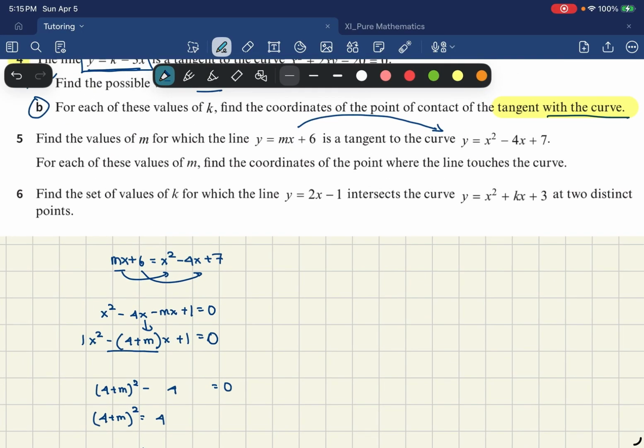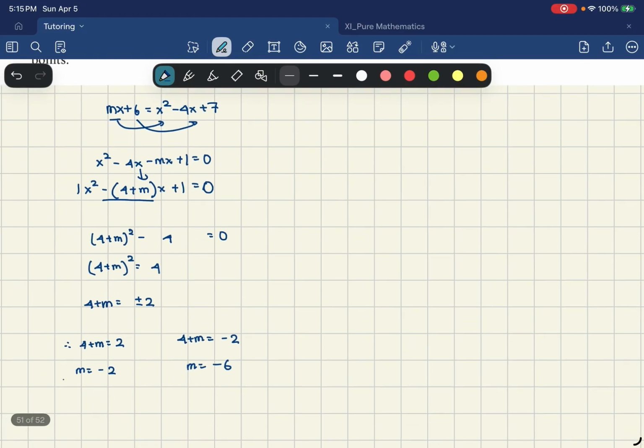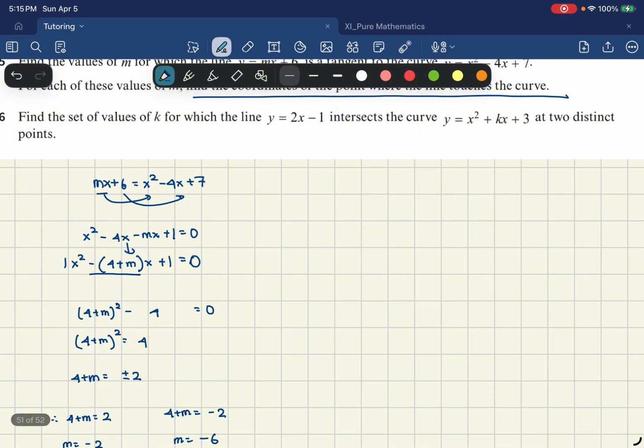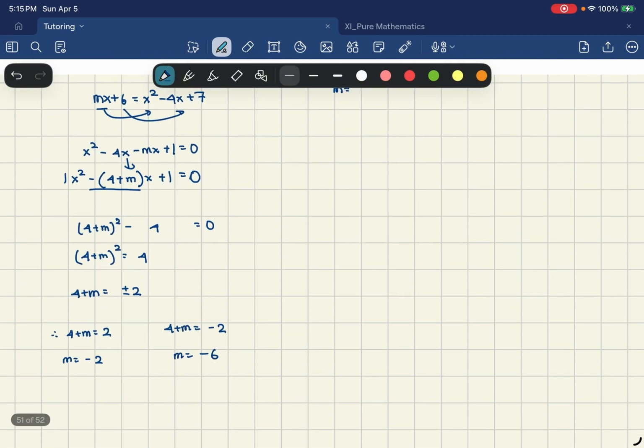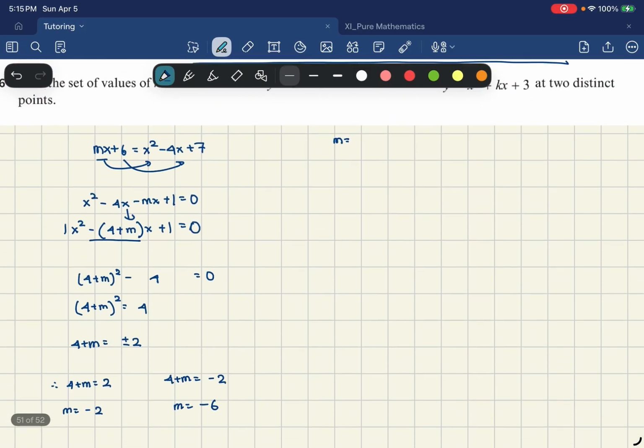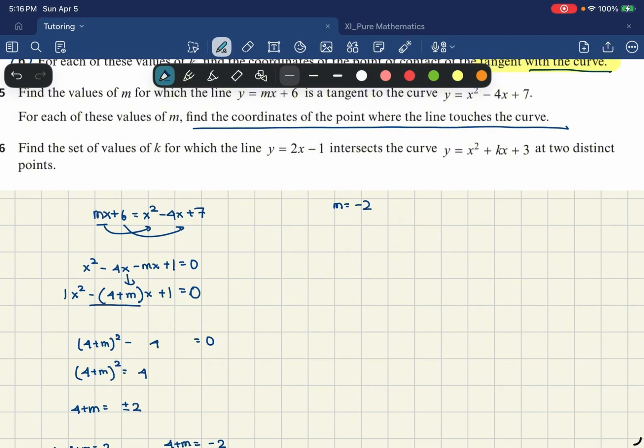And it says, find the coordinates of the point where the line touches the curve. So you want to substitute this back into your equation here. If m is equal to, let's say, negative 2, then this equation turns into x squared minus 4 minus 2, that is 2x plus 1, right?